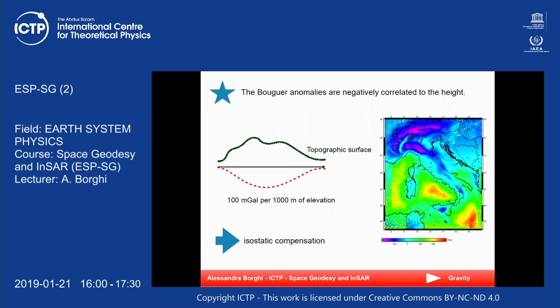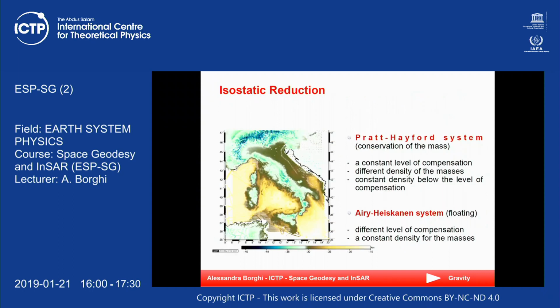It's like an isostatic problem, like when we have an iceberg on the sea: we can see a part, and below the sea level we have the bigger part of the masses. And so we have to consider another reduction, the isostatic compensation.